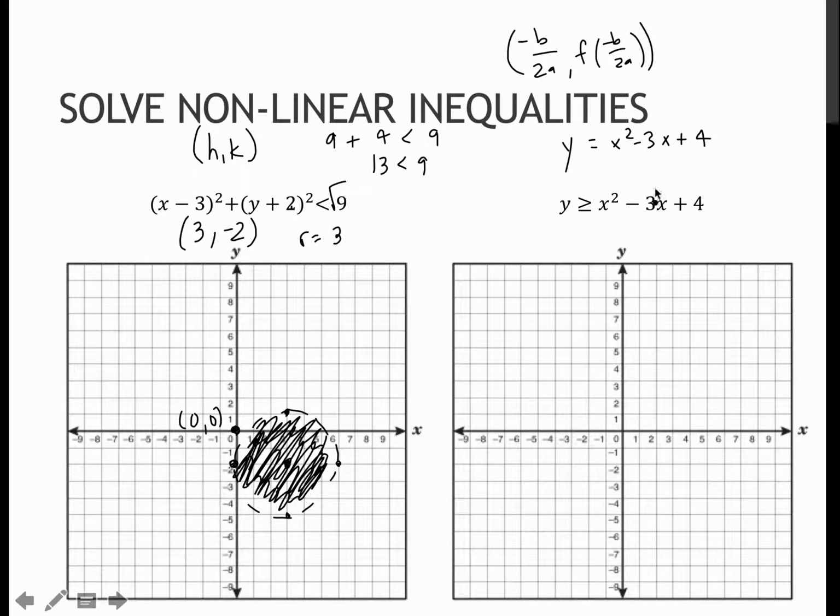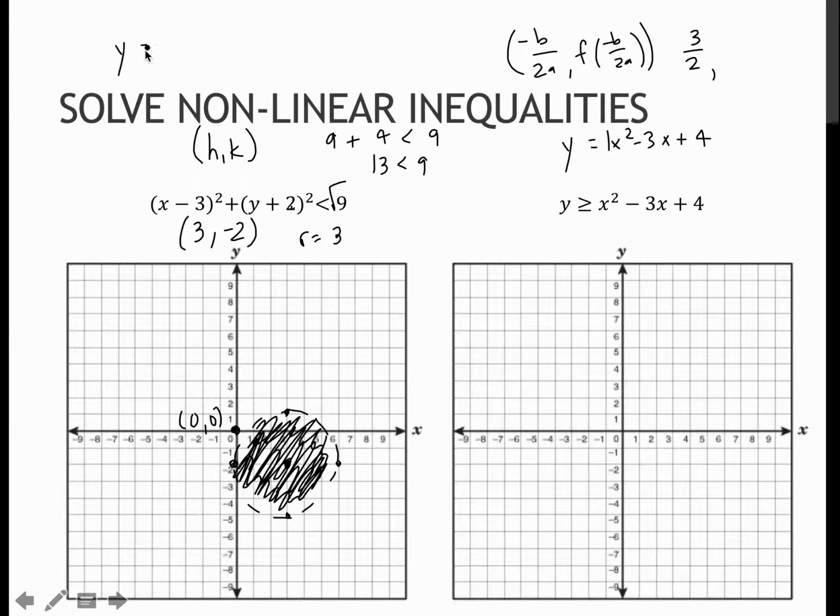If I find the opposite of b, so positive 3 over 2 times 1, that is the x value of the vertex. So b is -3, the opposite of that is positive 3 over 2 times 1, so 3 halves. I'm going to now plug in 3 halves.